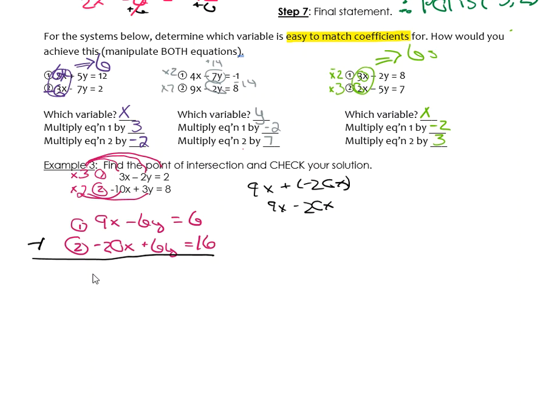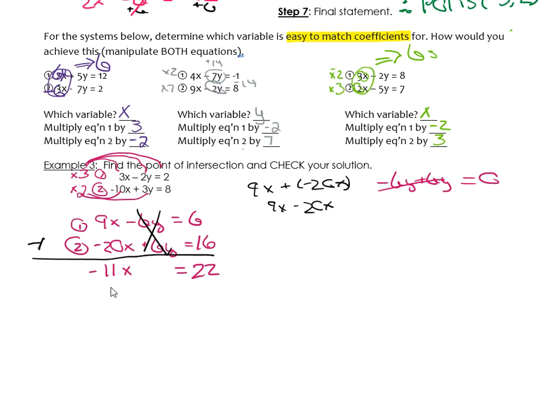That's negative 11x. Negative 6y plus 6y. Of course, that's 0. So the y's are eliminated. And then the equal sign, very important. 6 plus 16 is 22.